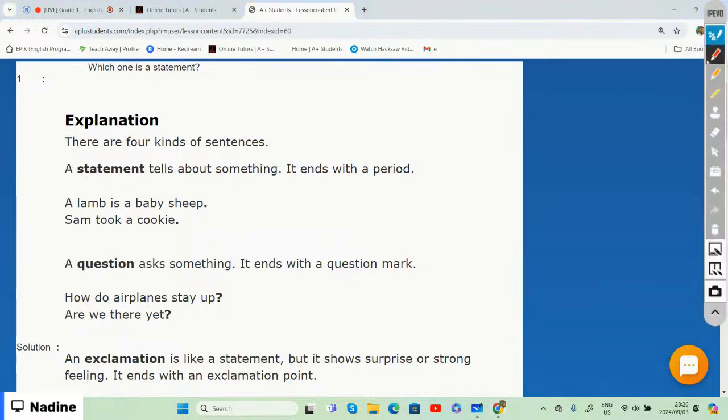A statement tells about something and it ends with a period. All right, so now we're going to do an activity.